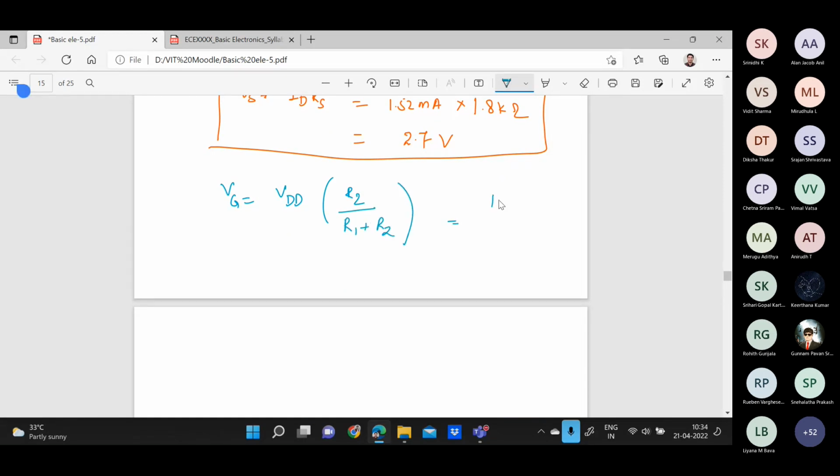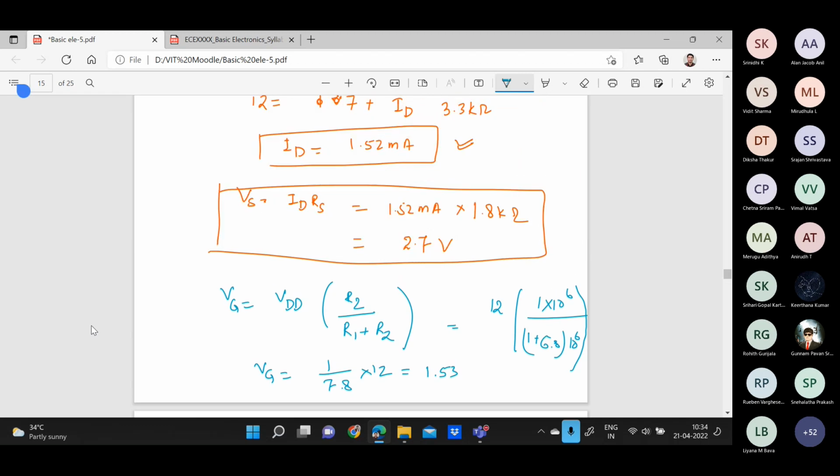So it is 12 volt, 1 mega, meaning 10 raised to power 6, divided by 1 plus 6.8, 6.8 mega, 10 raised to power 6. So tell me the value of VG. It is equal to 1 divided by 7.8 into 12, which is 1.53.